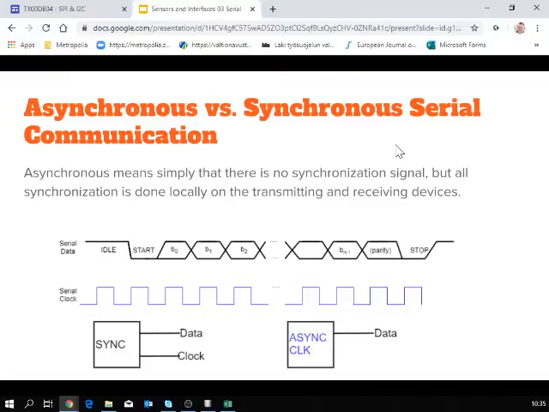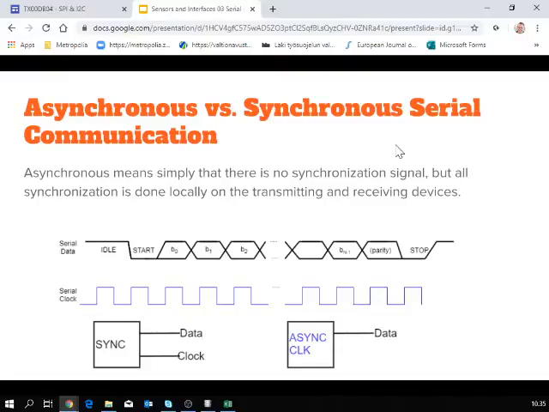One good example of asynchronous is the old-fashioned serial port or UART, the normal way of using UART. UART is universal asynchronous receive and transmit, but usually a UART circuit can also be used in synchronous mode. But anyways, if you don't have a clock signal online, then it's an asynchronous signal.